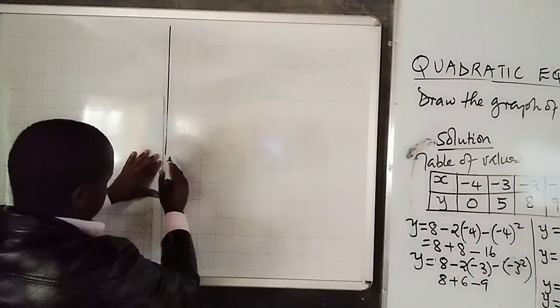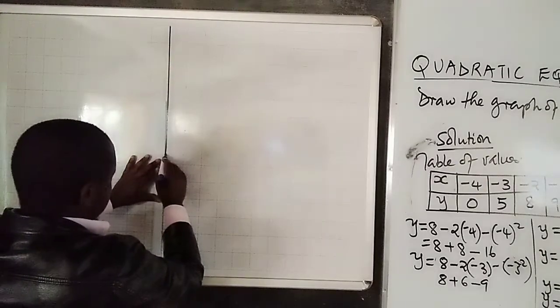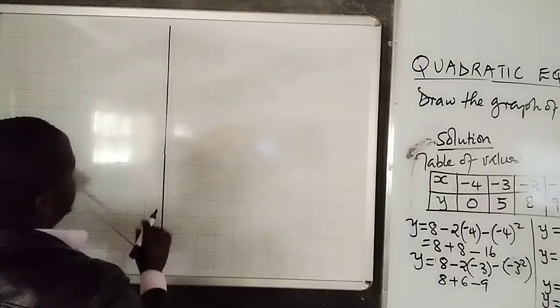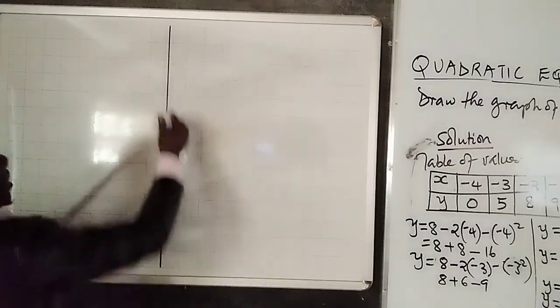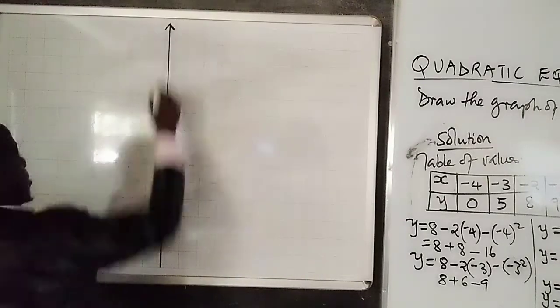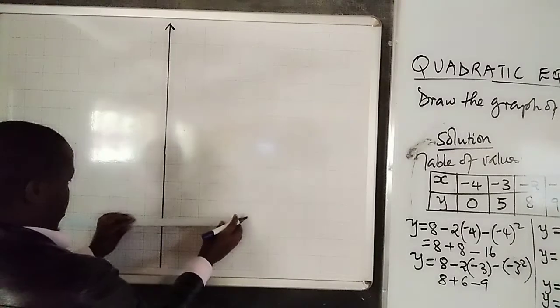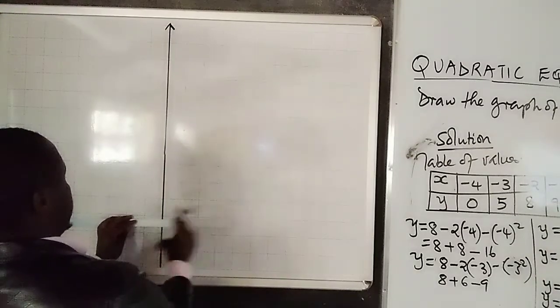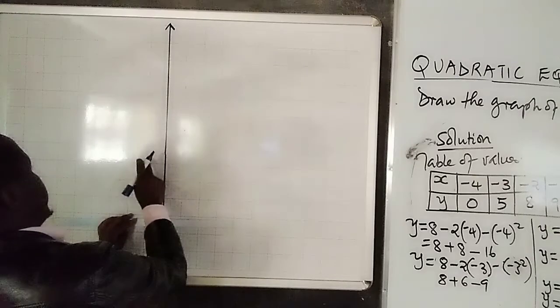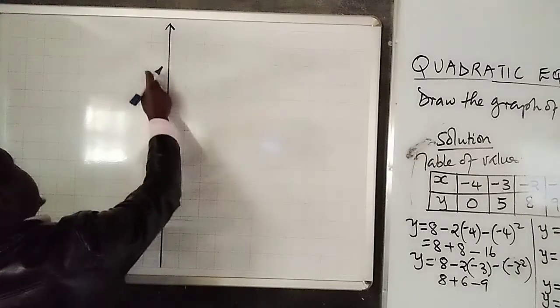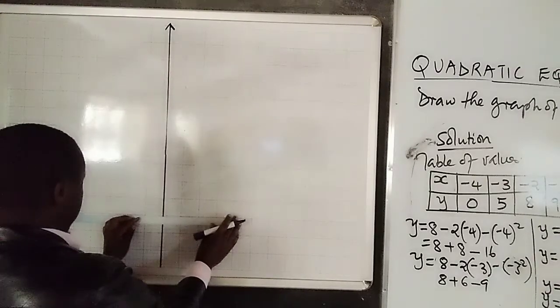Therefore, we can put the x-axis as low as possible so that we may have a 9 being accommodated. 1, 2, 3, 4, 5, 6, 7, 8, 9. Okay, so this is enough.